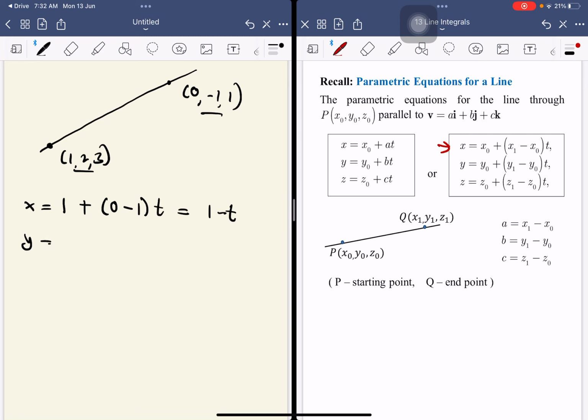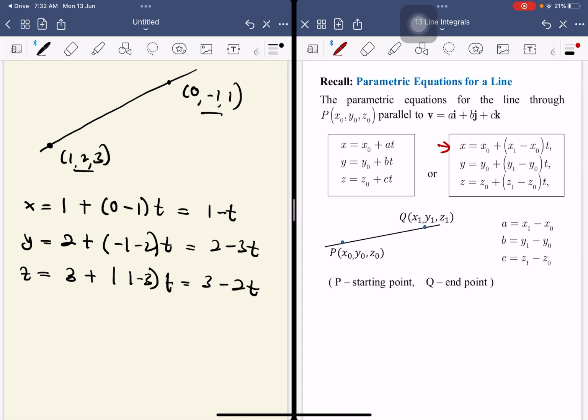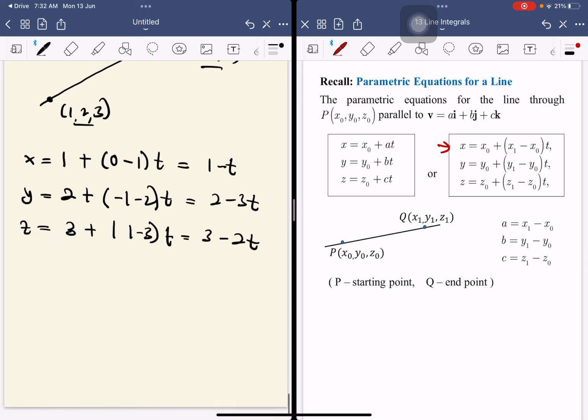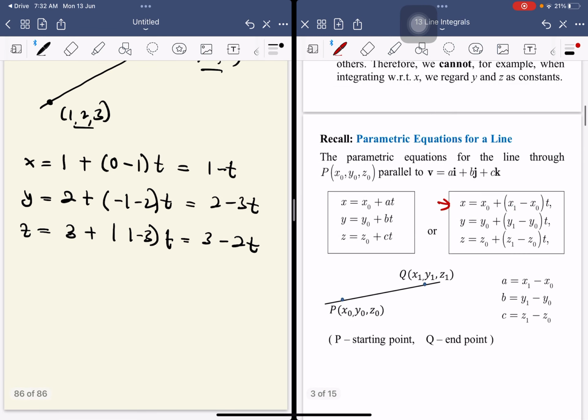Then for y, y naught is 2 plus (-1 minus 2)t, so it's going to be 2 minus 3t, and then z is equal to 3 plus (1 minus 3)t, so it's going to be 3 minus 2t over here. So it's similar to what we had like this, right?